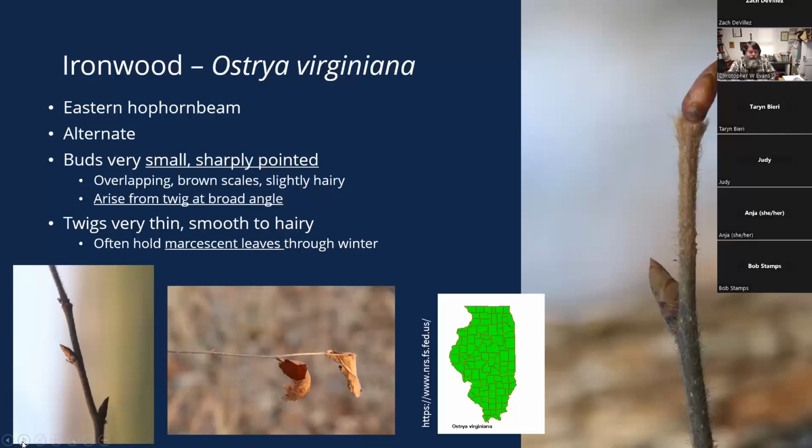And so ironwood is one of those that often hangs onto its leaves a long time. Sometimes that leads to this being misidentified as a beech twig or a beech sapling, because beeches will do the same thing. They'll hang on to their leaves, and they kind of are the same color in the fall. But this is one way you can often pick out ironwoods. It's because it has a few leaves hanging on it.